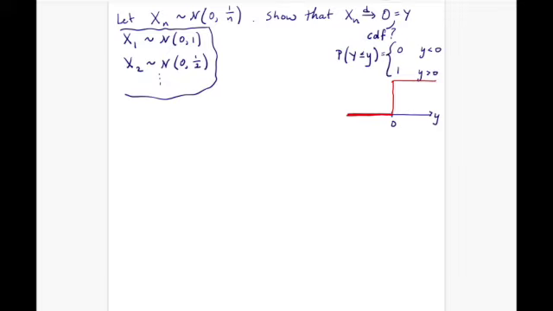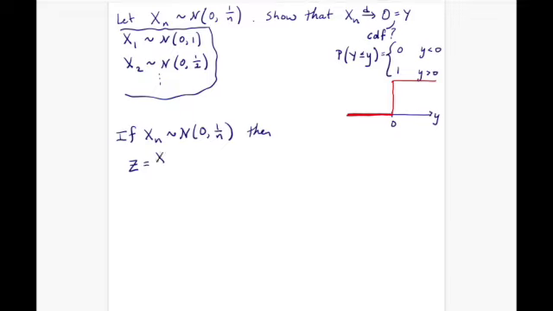So how do we get there? Well, I think we can notice that if xn is normal 0, 1 over n, then we can always normalize our random variable. And what does that mean?